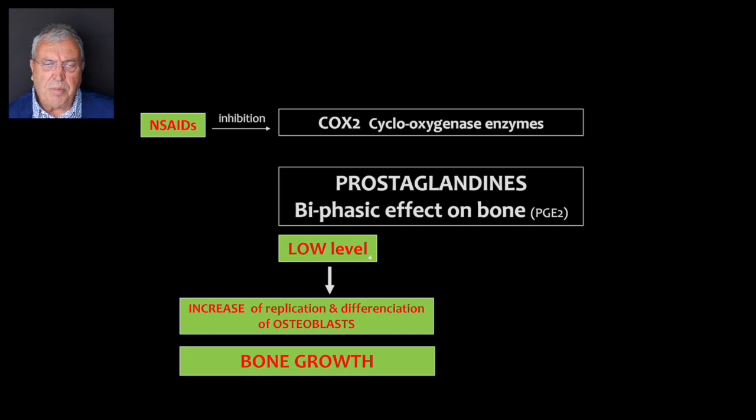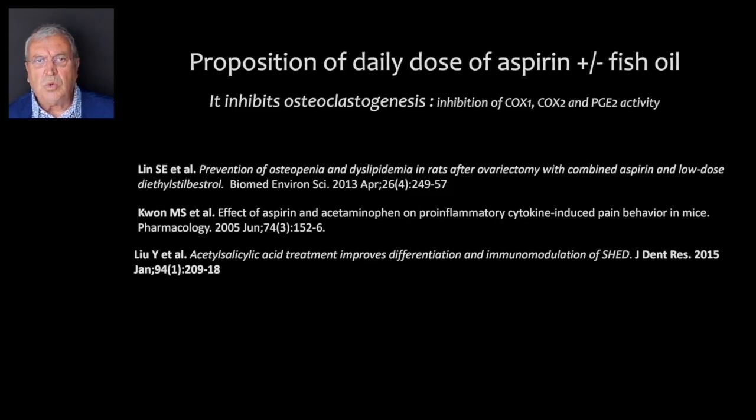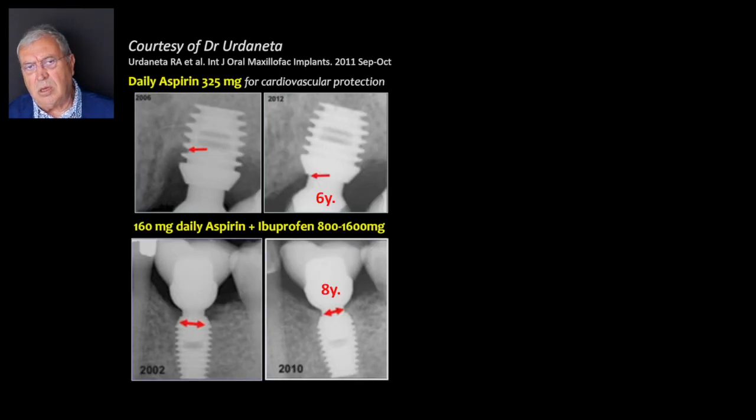I want to show you some cases made several years ago. The proposition was to give aspirin with or without fish oil. And this is the experience from Dr. Urdaneta. He was following patients with peri-implantitis, but only these patients were getting aspirin or ibuprofen because of cardiovascular protection and low back pain.